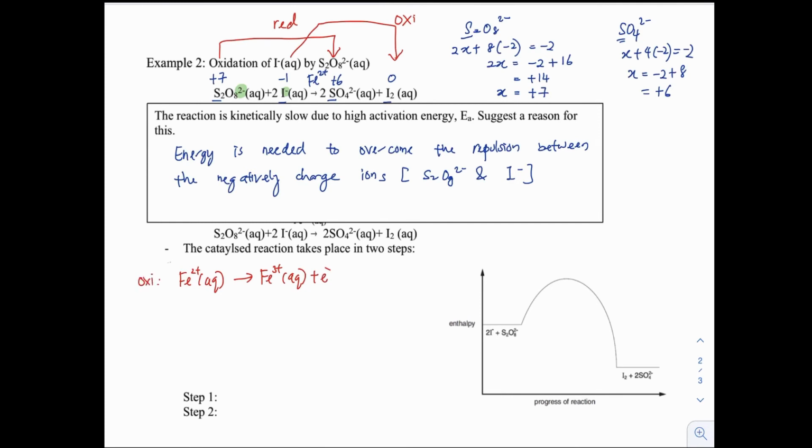So if this ion undergoes oxidation, it should react with the substance that will undergo the reduction, which is this one. So therefore it will look like this.